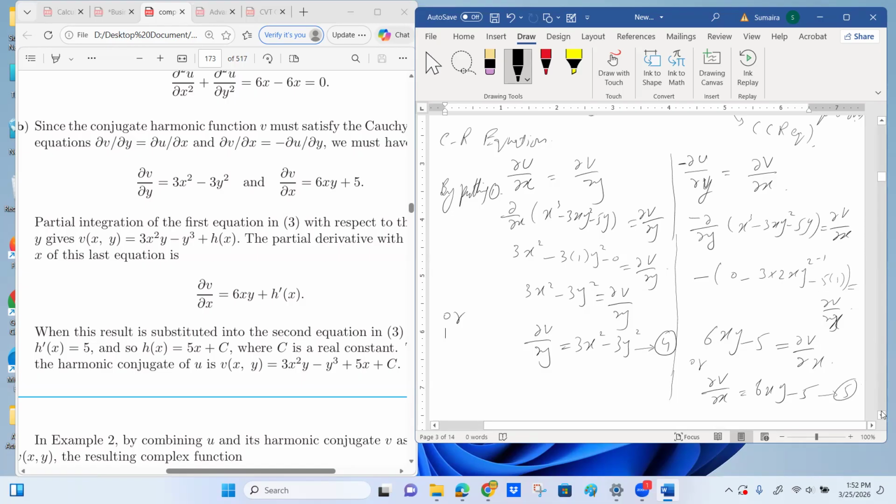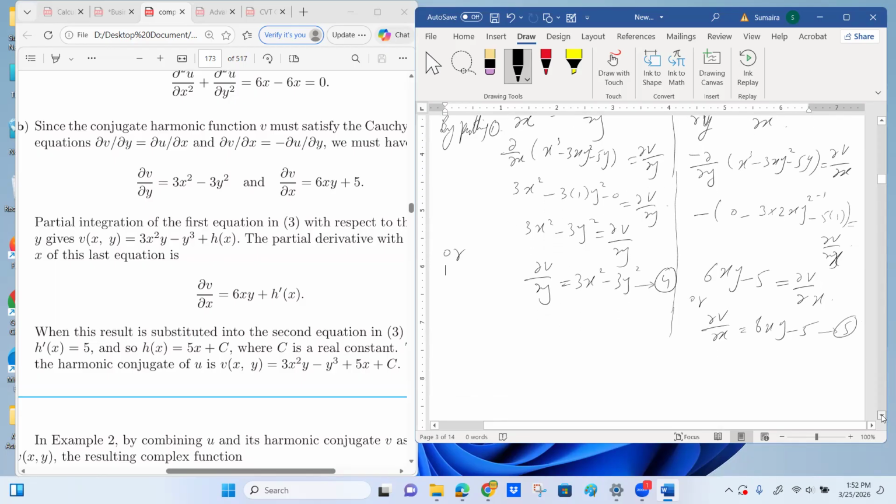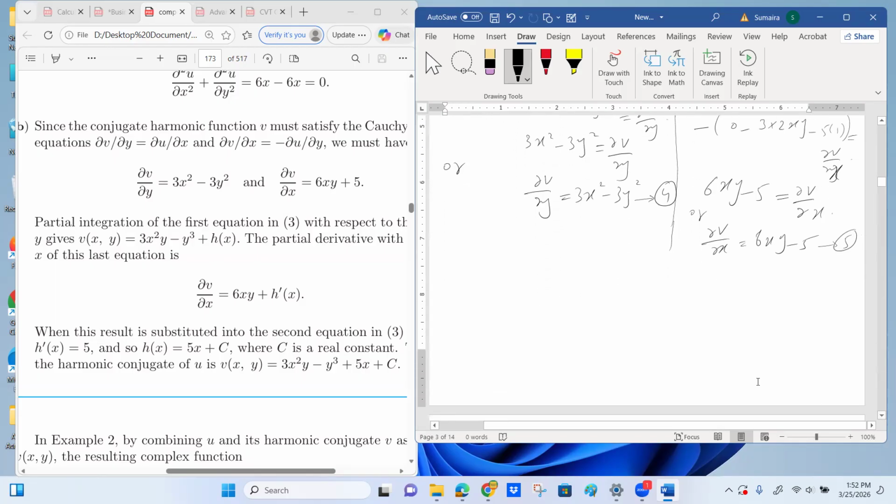Now from both values we find out the value of v by integration. We will integrate with respect to y. So integration of the partial v by partial y is equal to integration of 3x square minus 3y square.